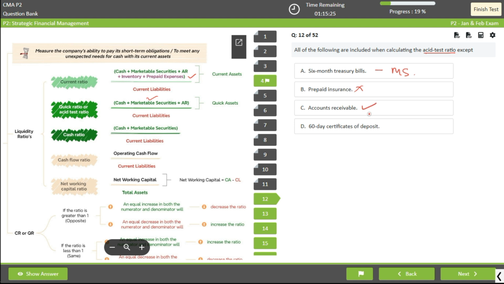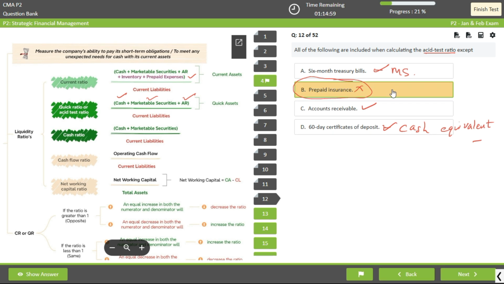Now, accounts receivable is included in the quick ratio. 60 days certificate of deposit is cash equivalent, and cash equivalent is included in calculating the acid test ratio, that is cash. So these three items are included, but we don't include the prepaid expenses.